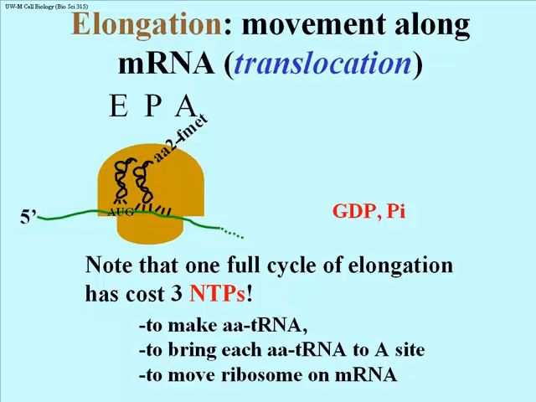You need an ATP to stick each amino acid onto its tRNA, catalyzed by aminoacyl tRNA synthetase, right? You need a GTP to bring each aminoacyl tRNA to the A site when the A site is finally freed up after a translocation.